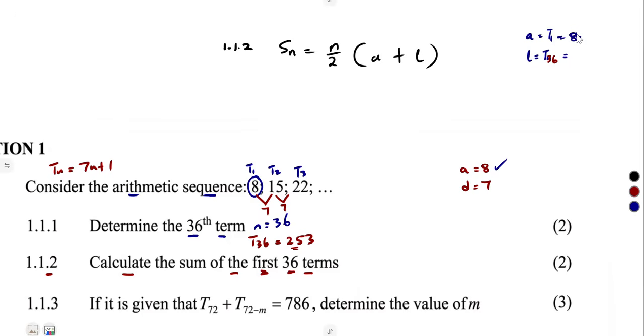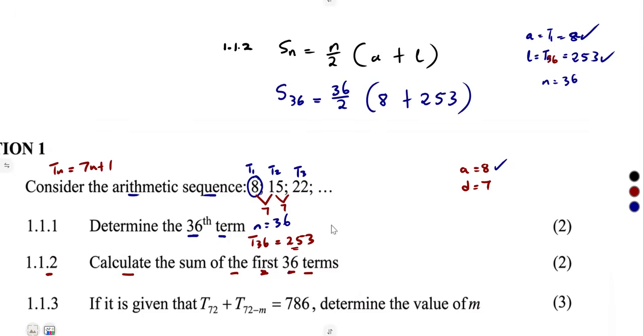As I have got the a and the l, I can simply use this formula because we are given the number of terms being 36. So the sum can be determined. That's S36. Remember, our n is 36. S36 is equal to 36 over 2 into a plus l, the first and the last. So our first is 8, plus the last term, which is what?